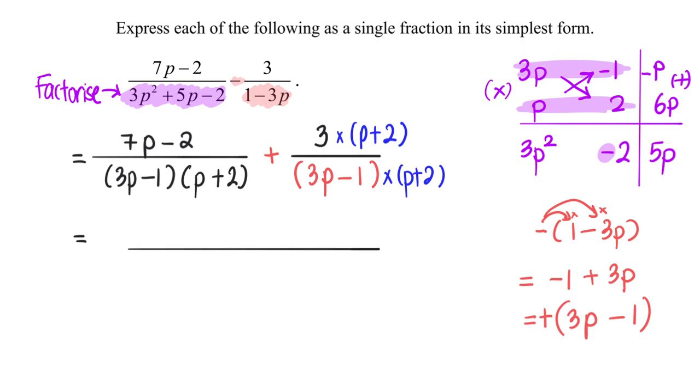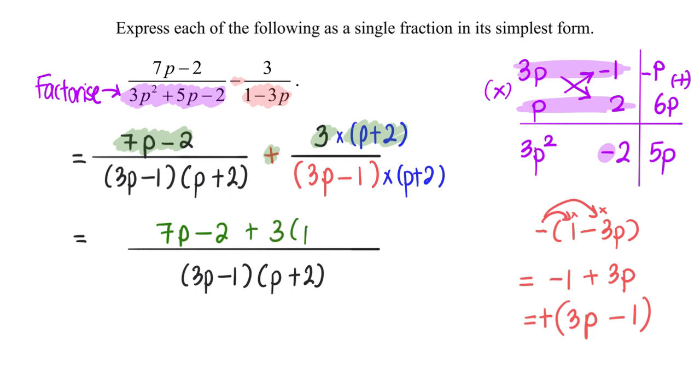Okay, with this common denominator, I just need to continue to write the top numerator down. So I will have this 7p minus 2 plus 3 times p plus 2.